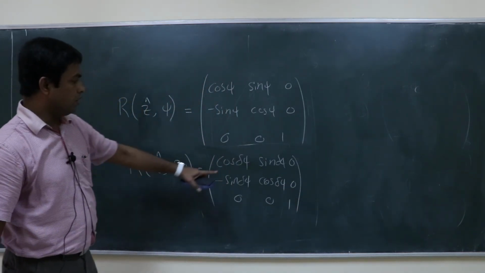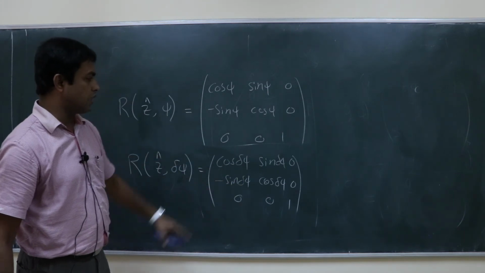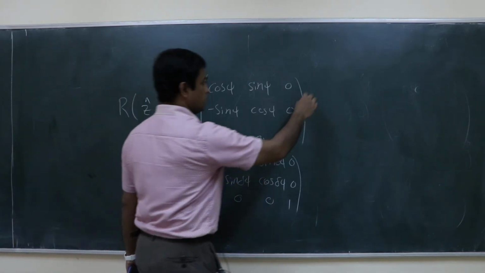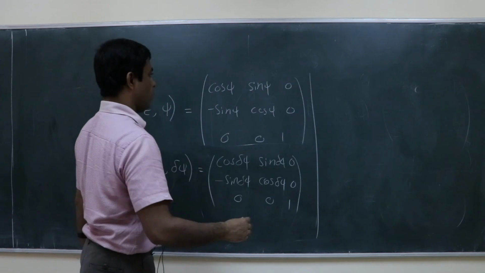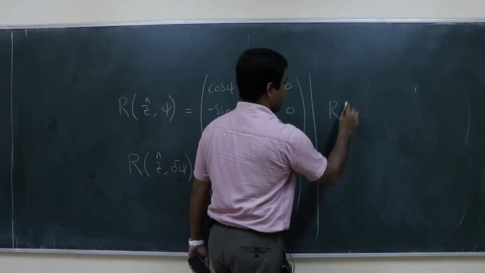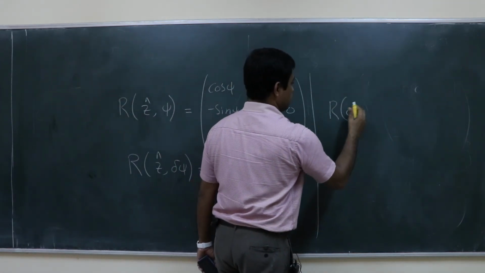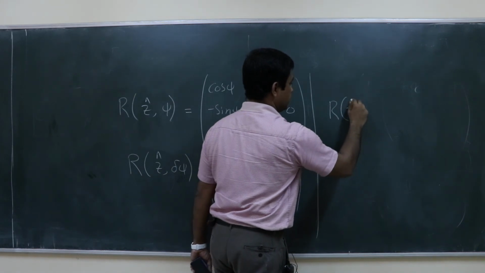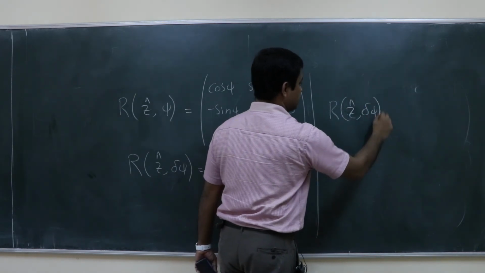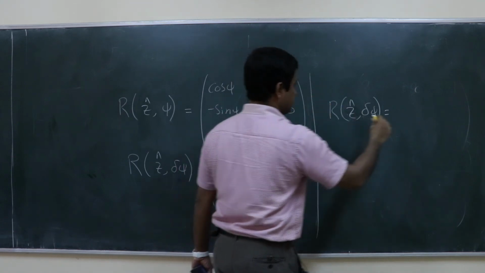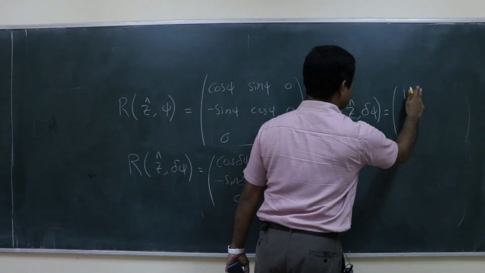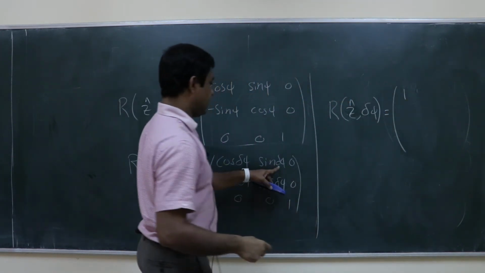So you know that when delta psi tends to 0, cos delta psi is 1. So I can write down R z delta psi is equal to the matrix 1. What is sin delta psi?